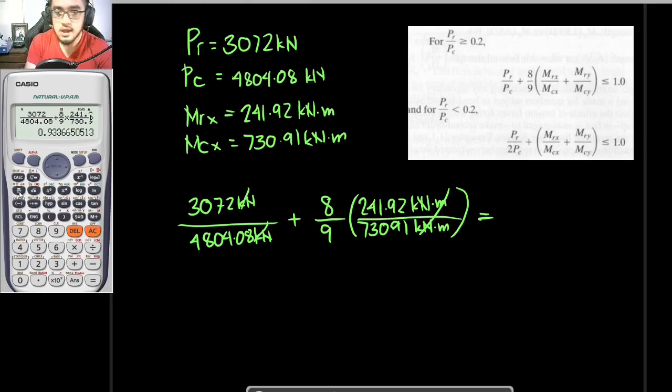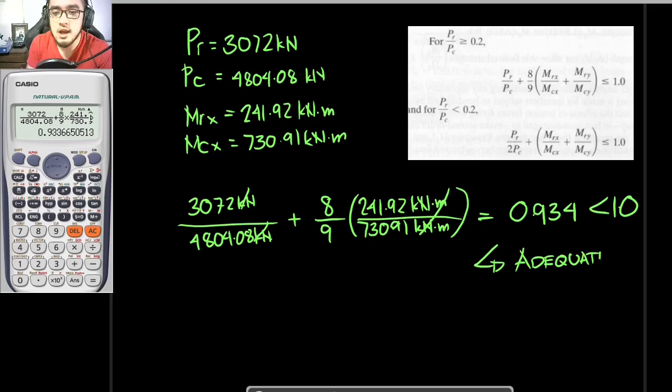And our answer here would be equal to 0.934. And it is less than 1.0. So meaning our section, which is, so I forgot our section, but our section is adequate. So ganun lang siya kadali, guys.